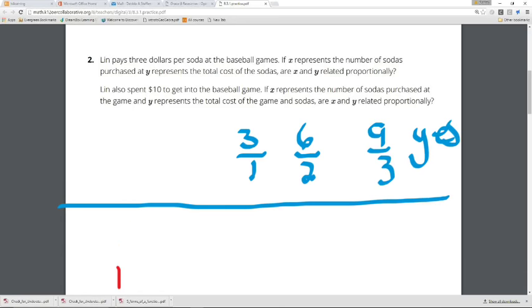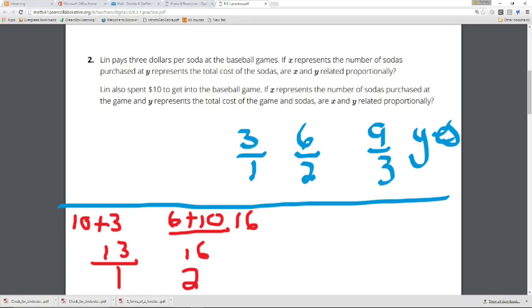If she buys 1 soda, then she's going to pay $10 to get into the game, plus $3, which is 13 total. If she buys 2 sodas, then she's going to pay $6 for the sodas, plus $10 to get into the game, which makes 16. So that'd be 16 over 2.